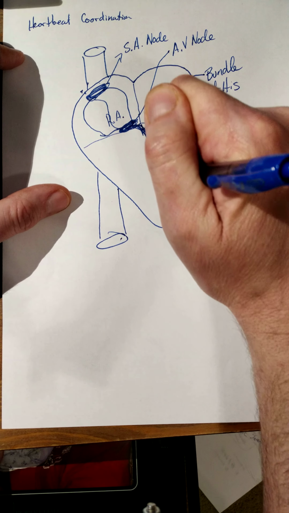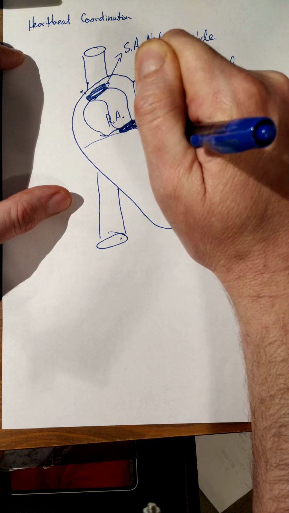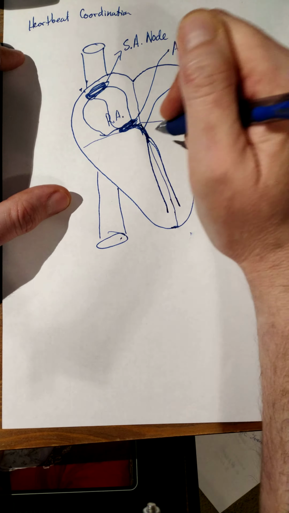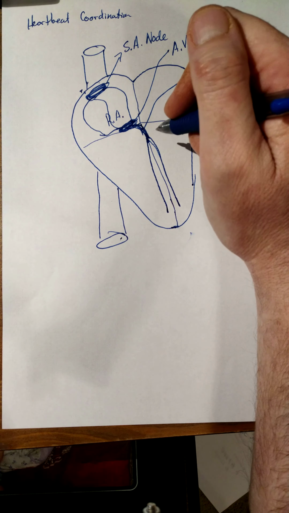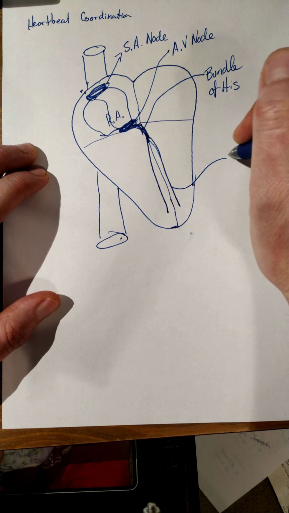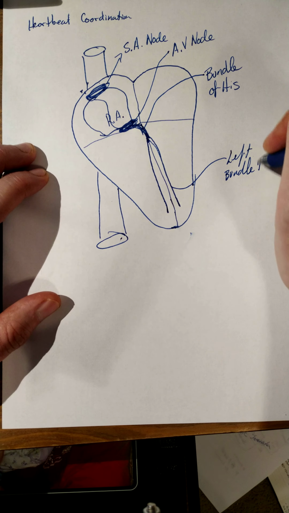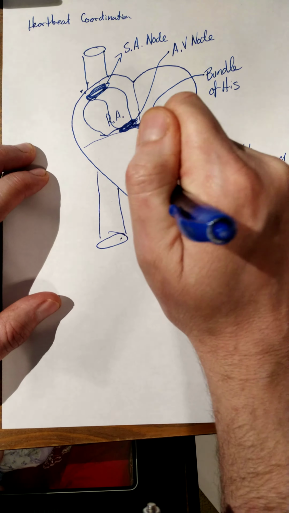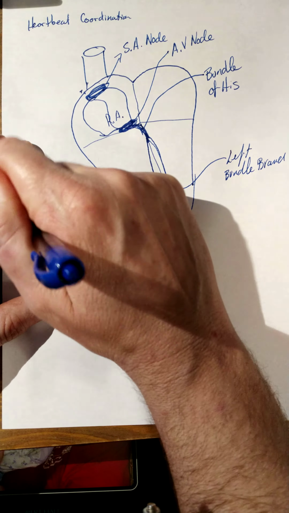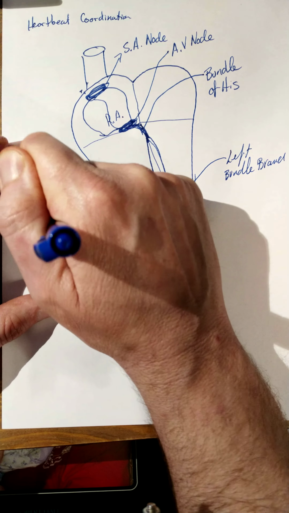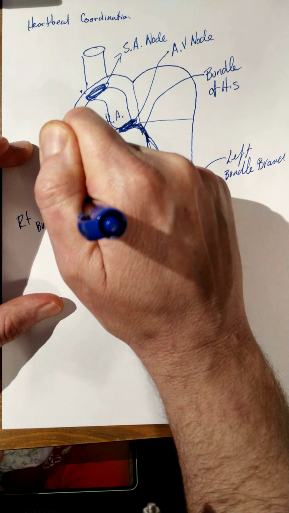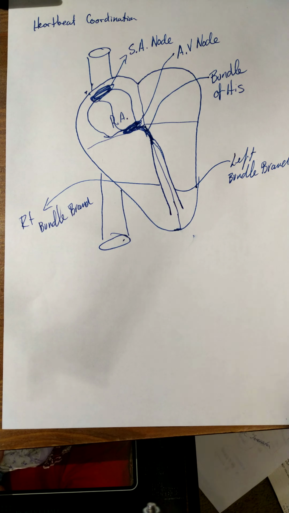And then we branch to both sides there. So we have our left bundle branch and our right bundle branch over on these sides.